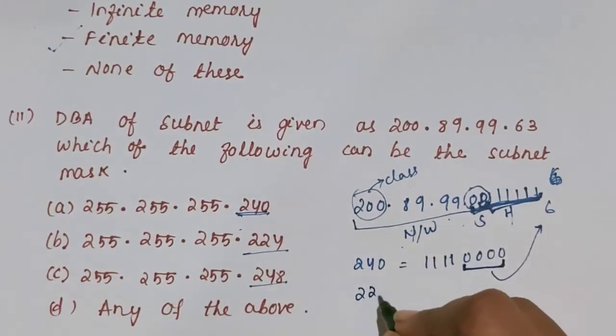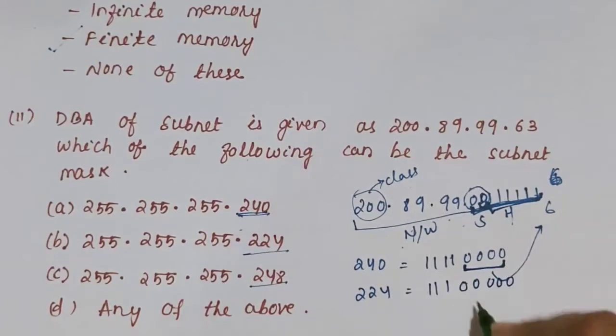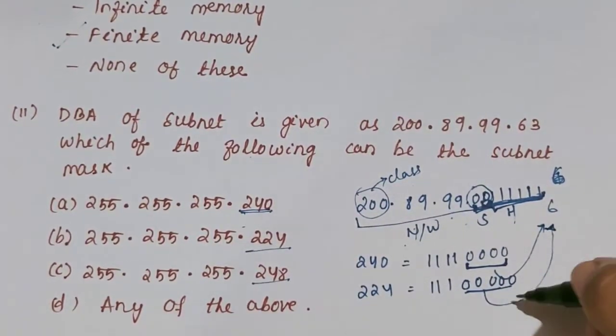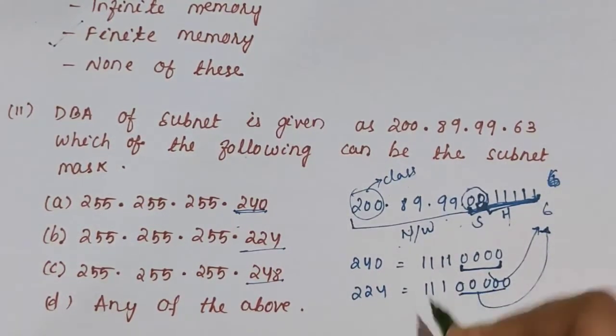Then if I check 224, it is 3 ones and 5 zeros, so this is also less than 6, so we can give it as a subnet mask.